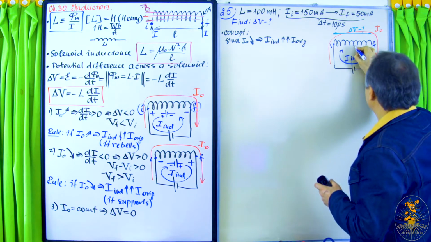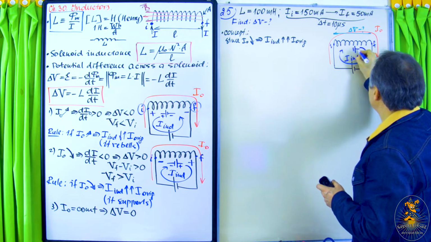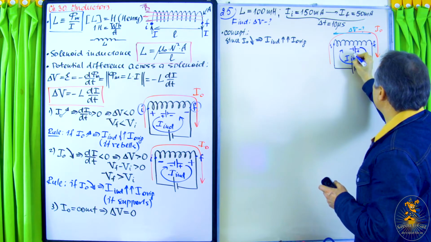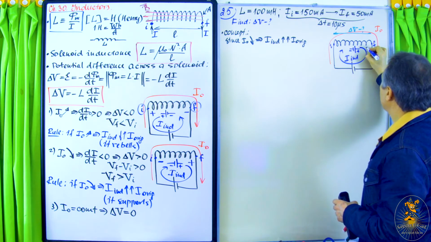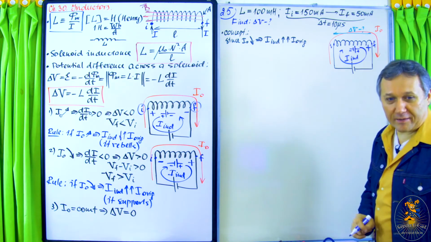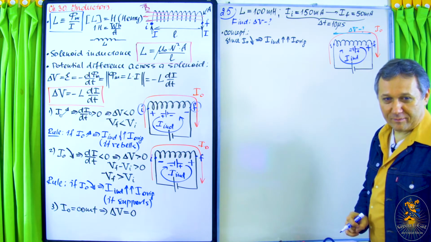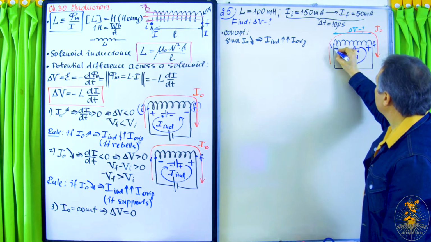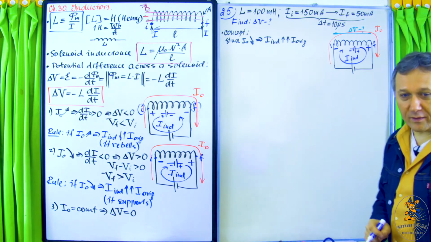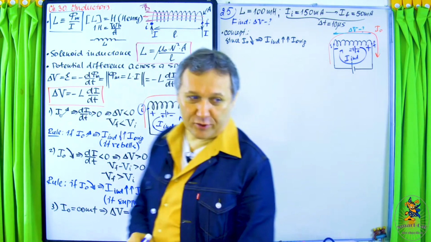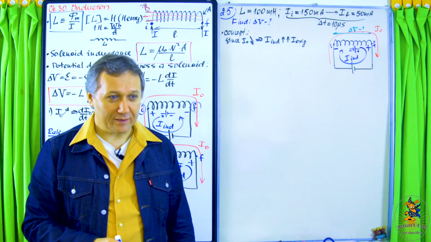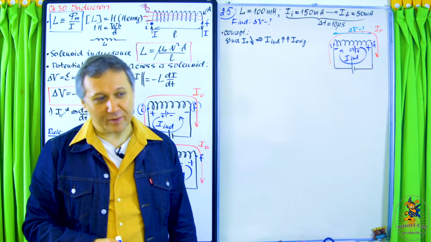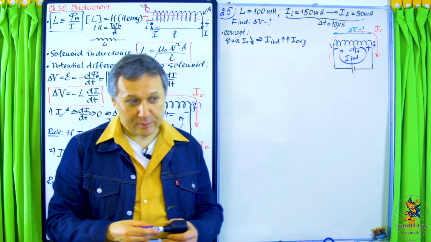Here we should have higher potential, here we should have lower potential. So here we should have plus and minus. So it means that at the exit of the solenoid, we should have higher potential, and here we should have lower potential, right? So as a result, delta V, which is final minus initial, is positive.